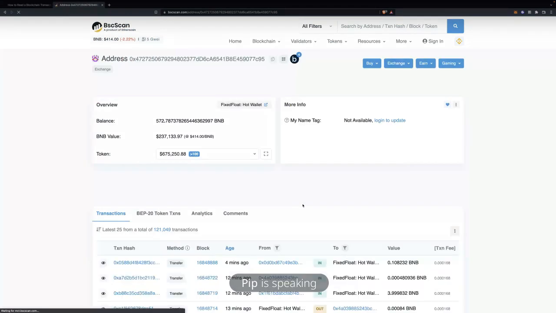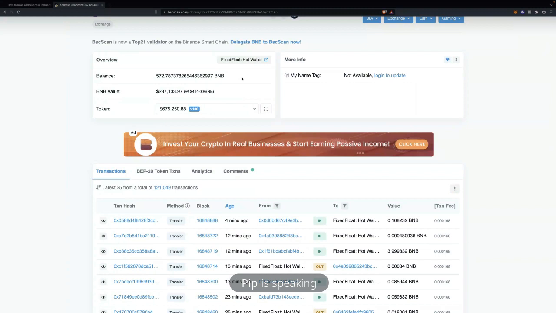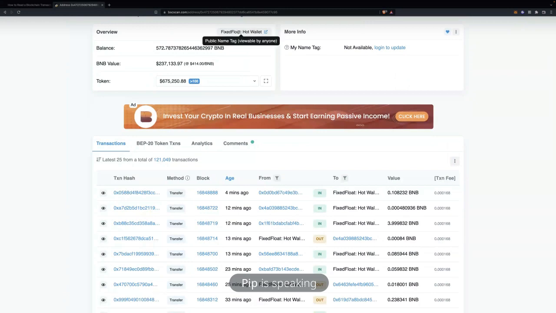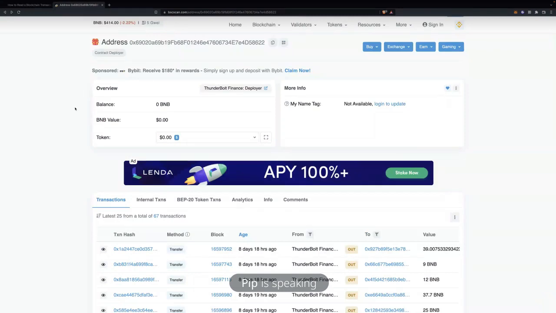He went into a hot wallet. This is not his wallet, by the way, but it's the hot wallet of FixedFloat, which is an exchange. So I'm going to contact these people and say, hey guys, by the way, this particular address removed liquidity for that amount of money and is a scammer. Please block that amount of money if we can.